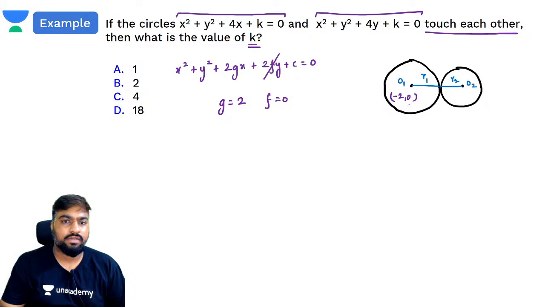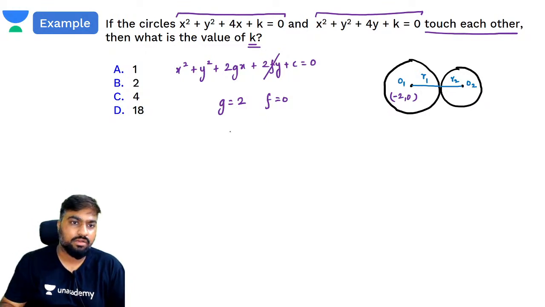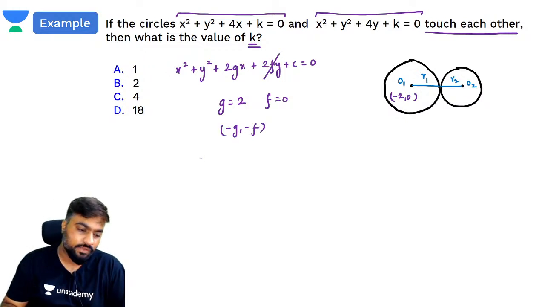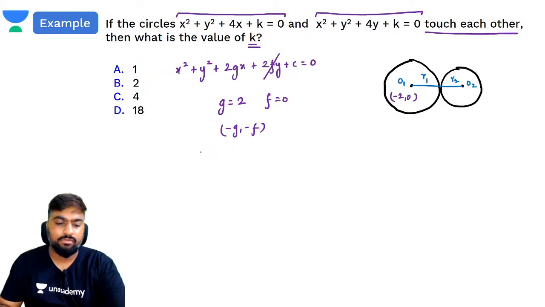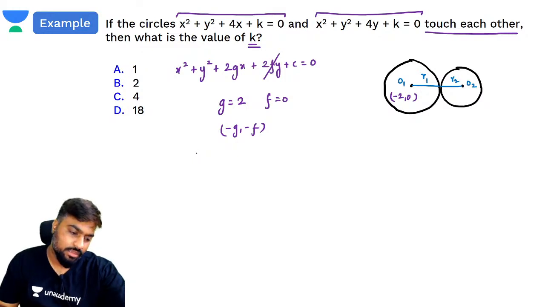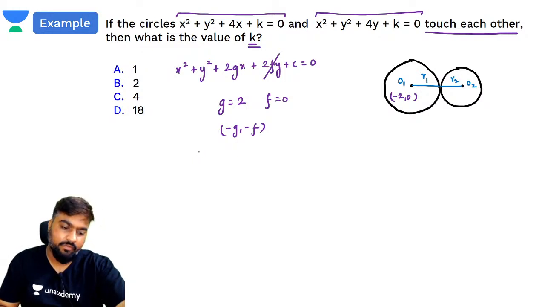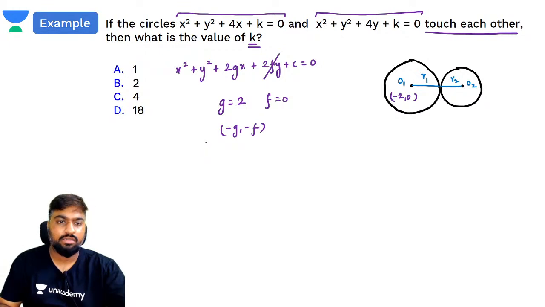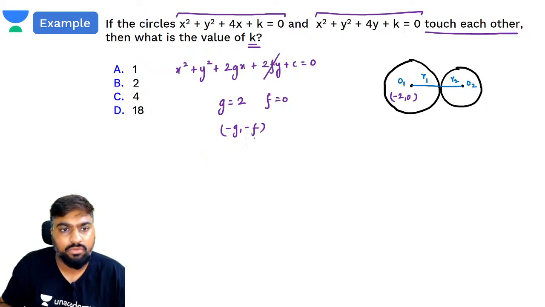Any doubts here? The first one's center is minus 2 comma 0, because a center is given by minus g comma minus f. Yes, everyone? Yes or no, quick. Same way, with this can we find out the radius? Find R1.